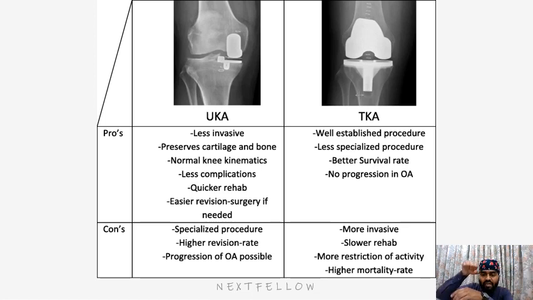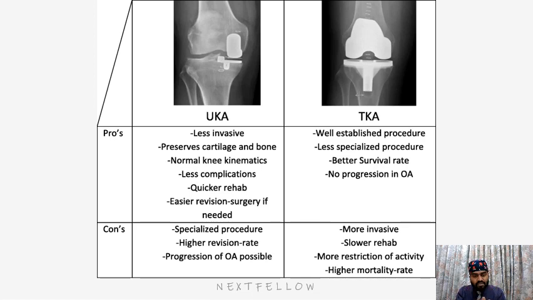For a total knee arthroplasty, well, it is a very well established procedure. We know it's very simple. The femoral condyle is gone, the tibial condyle is gone. It's a well established procedure. It is a less specialized procedure. You have a better survival rate, and there is no progression in OA. How will there be a progression in OA when you have actually not left any parent bone standing in the knee joint?